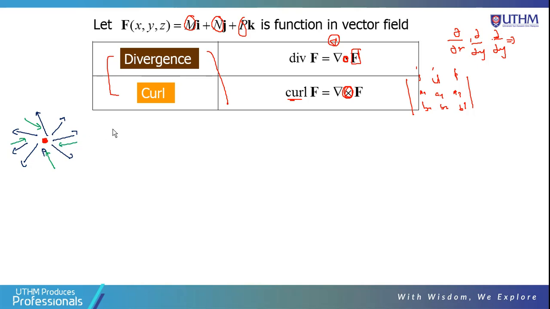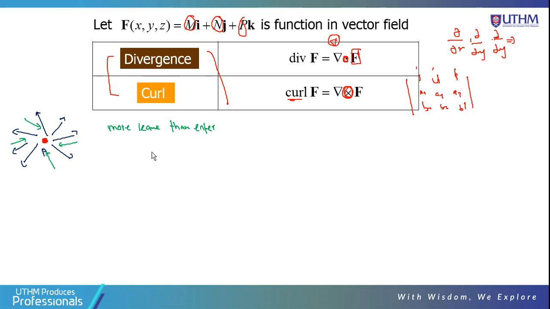So many vectors enter the neighborhood point, more enter than leave. That means all the vectors are gathering at that point, so divergence is less than 0.